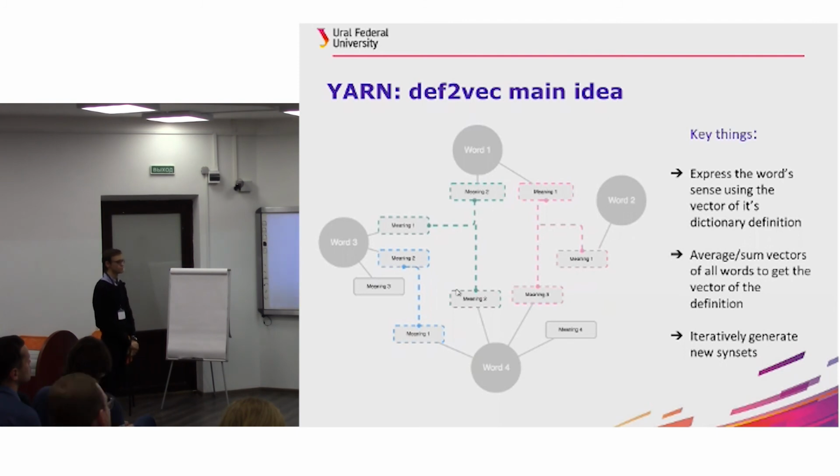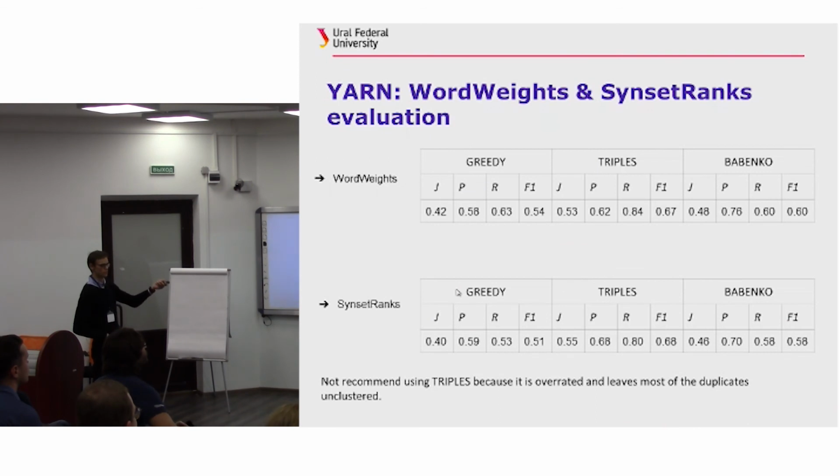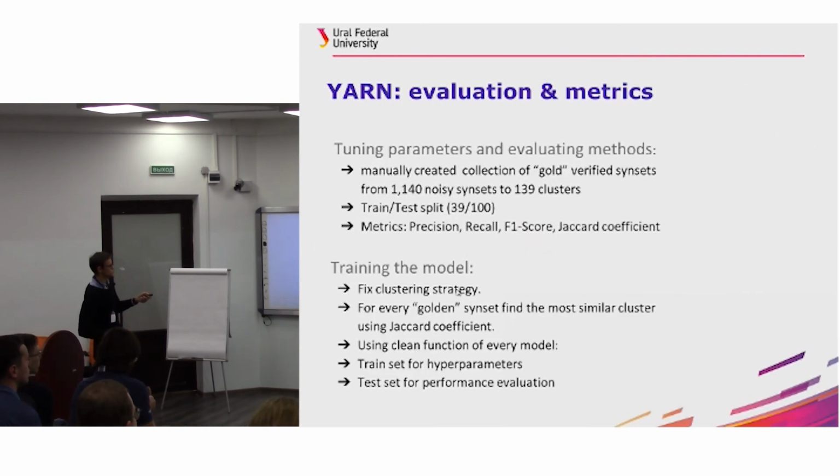The second question is, how do you actually compare your approach to the others? Meaning, how do you calculate the result? Yeah, so I explained this. We define the clustering strategy, then using this clustering strategy, we populate the clusters.